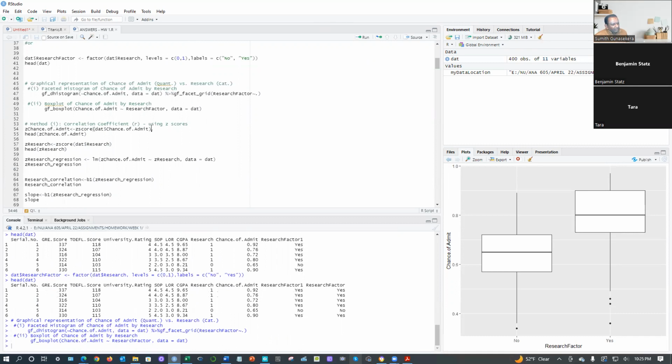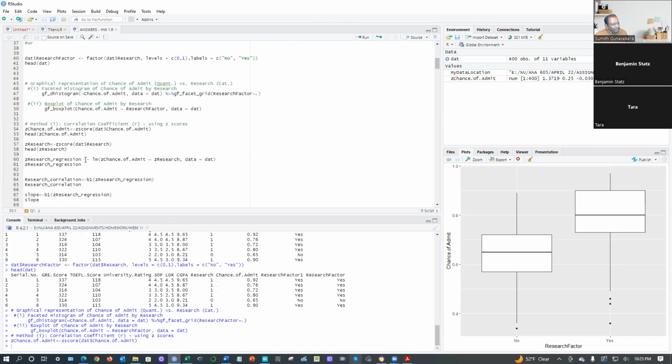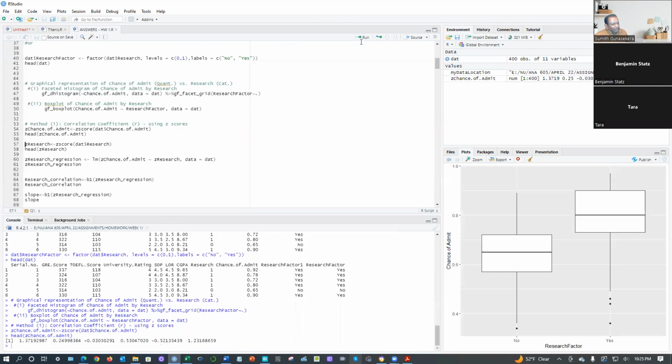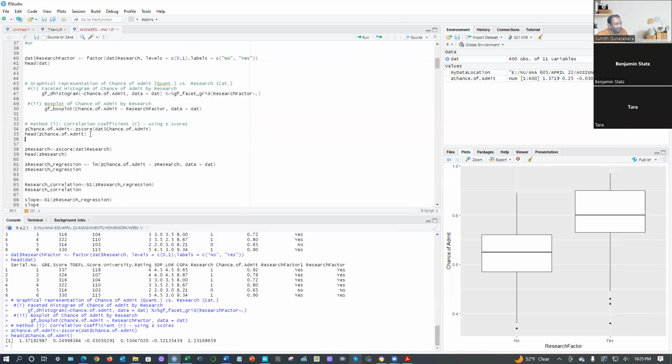So this one. Then you can find the correlation. See, chance of admit, I'm going to z-score. And now see, z-score, chance of admit. Let's see the head of that.